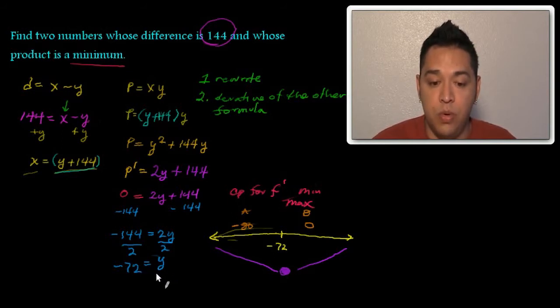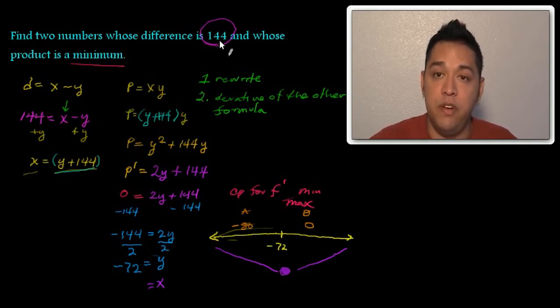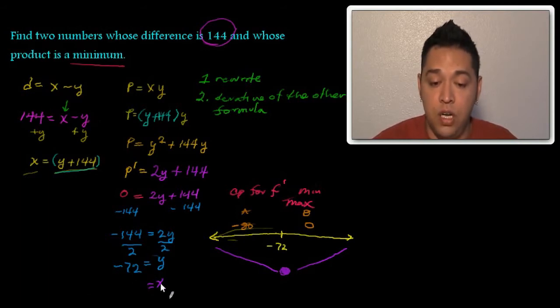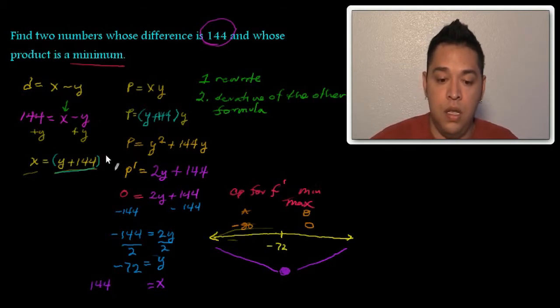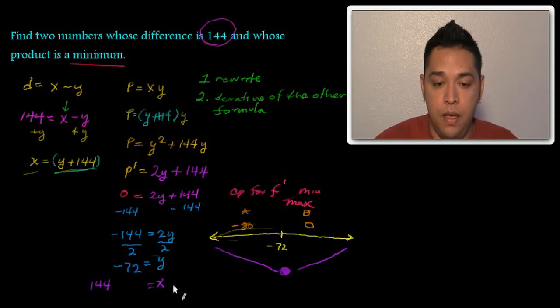So yes, this number is the minimum y value. So the first number would be y is equal to negative 72. What would be the x value? What would be the other term? Well, we know that the difference is 144. So 144 is equal to x minus the negative 72.